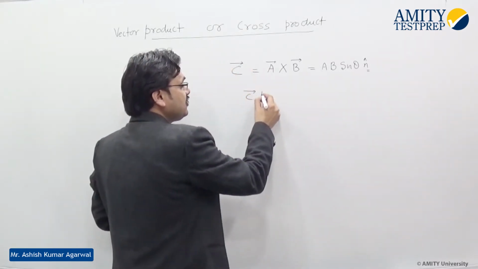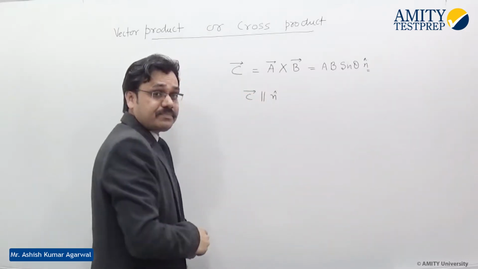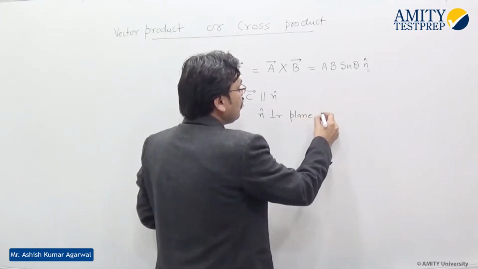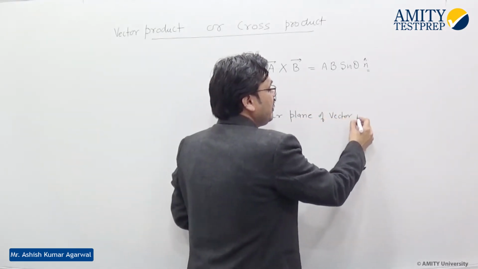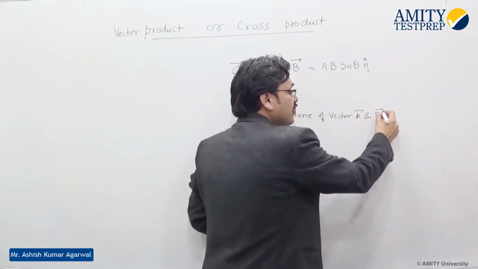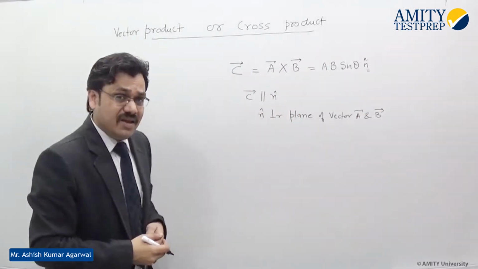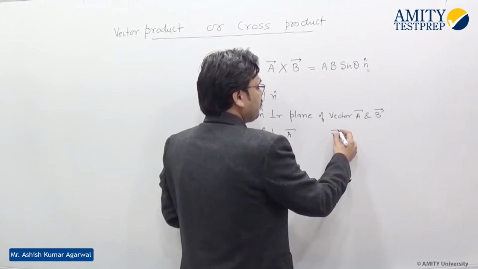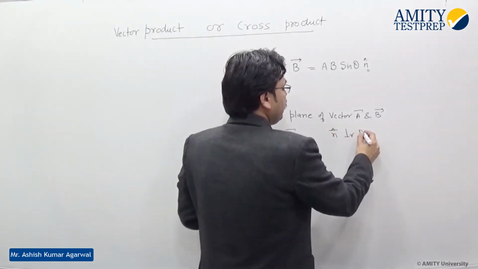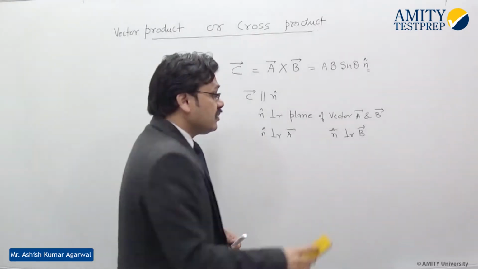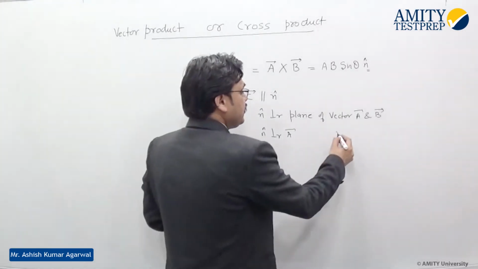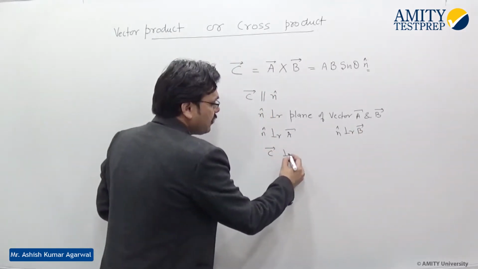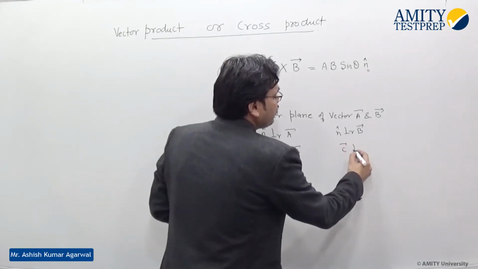So I can write C vector is parallel to n cap, and this n cap is perpendicular to the plane of vectors A and B. Because it is perpendicular to the plane of A and B, it is also perpendicular to the vector A, and n cap is perpendicular to the vector B. So in other words, the resultant vector C is perpendicular to A and C is perpendicular to B also.